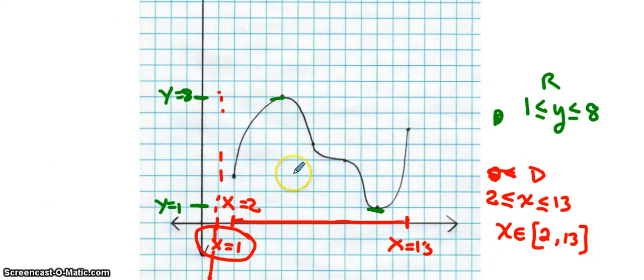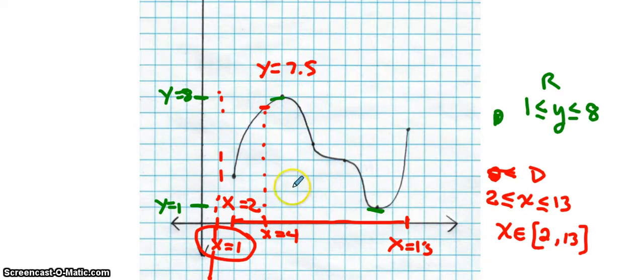Once again, I could picture this graph as possibly being a table. So if I have x equals 2, 3, 4, let's say, x equals 4, I got 1, 2, 3, 4, 5, 6, 7, about y equals 7.5, so I could start building a table that way.